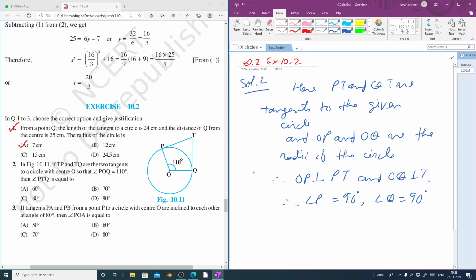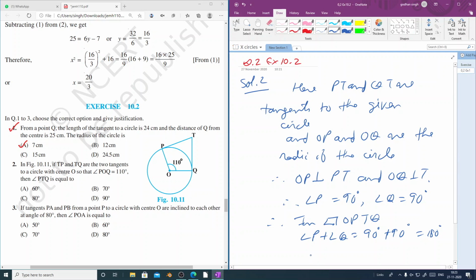And we know that the sum of all the angles of a quadrilateral is 360 degrees. Therefore, in quadrilateral OPTQ, what we will get, angle P plus angle Q equal to 90 plus 90, and that will be equal to 180 degrees.